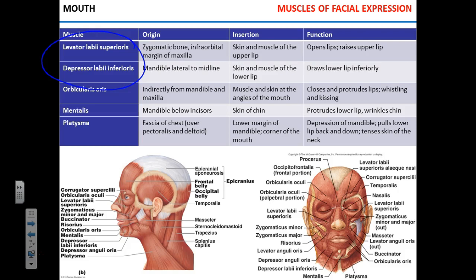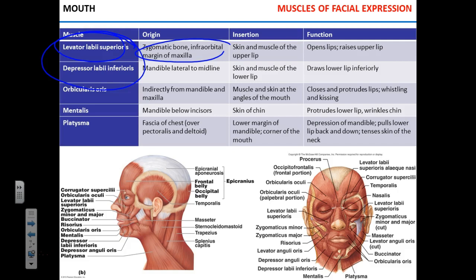Inferioris, bottom lip. So levator labii superioris, which originates in the zygomatic bone and maxilla, pulls up the upper lip. On the dude, it's the muscle number 8 with A and B here. It is cut, but it pulls the lip up.